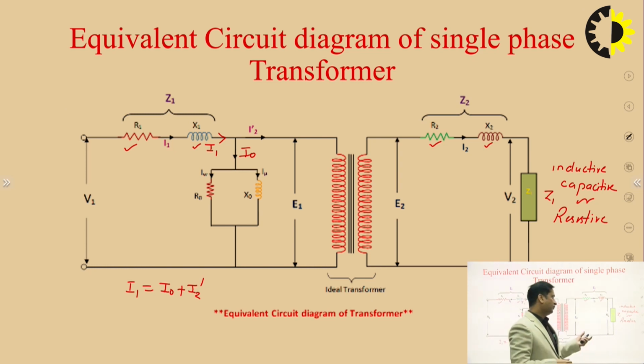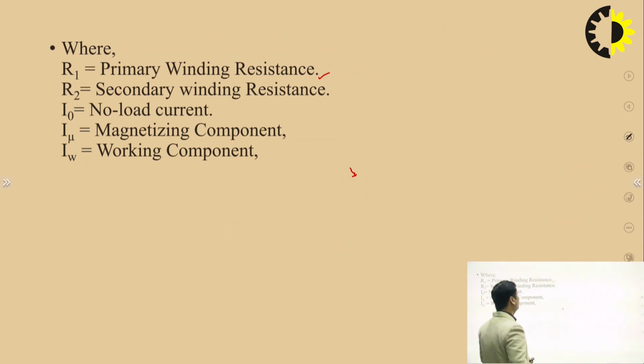Okay, so in case of inductive load, the current I2 will lag the voltage V2 by some angle, and in case of capacitive, current I2 will lead the voltage by a particular angle, and in case of a purely resistive load, the current and voltage are along the same phase.